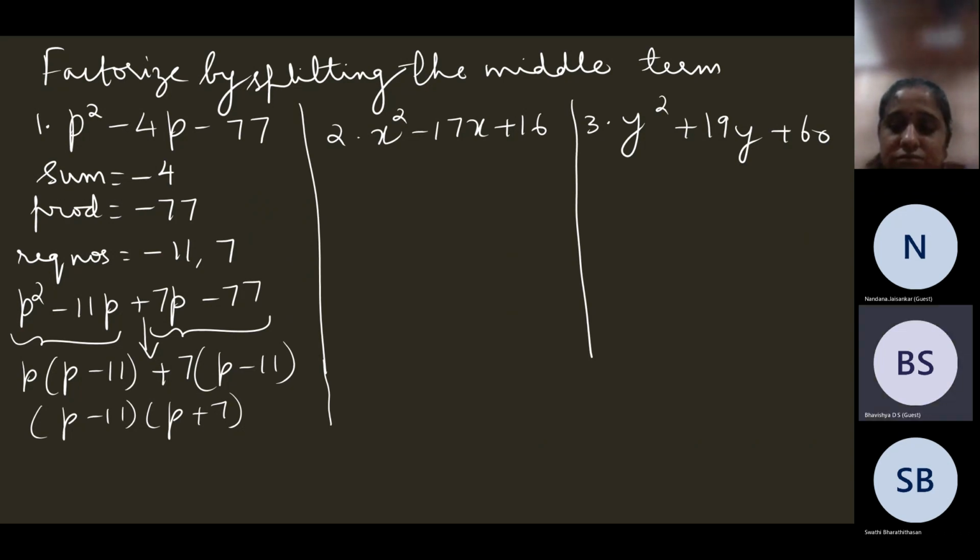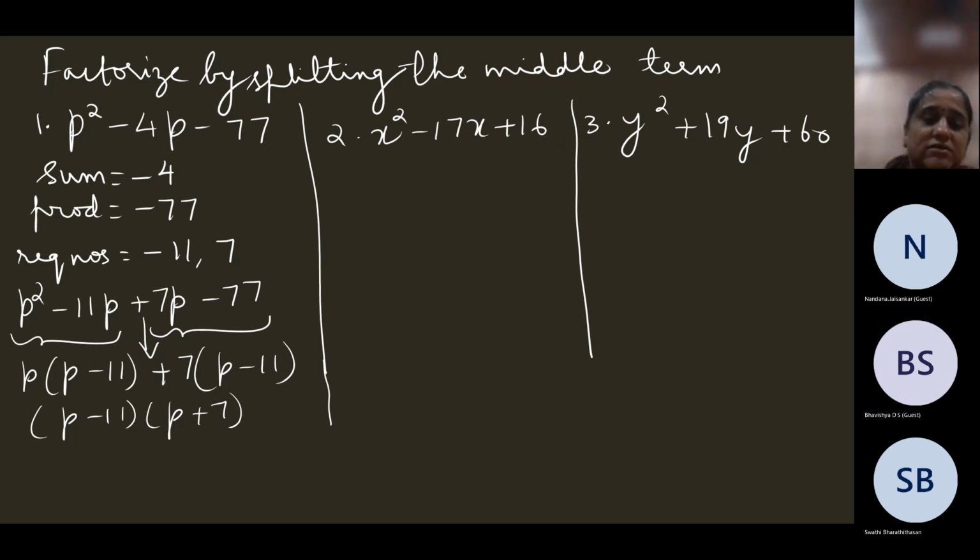Ma'am, I have done a different method, ma'am. Bhavishya, is it? You have written plus 7p first and then minus 11p, is it? Yes, ma'am. That's the difference, right? Okay, so see here, Bhavishya. P square plus 7p minus 11p minus 77.